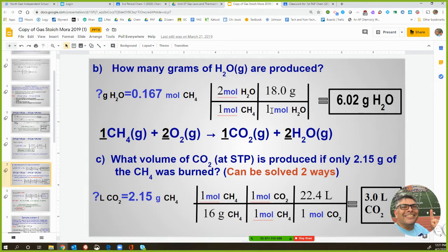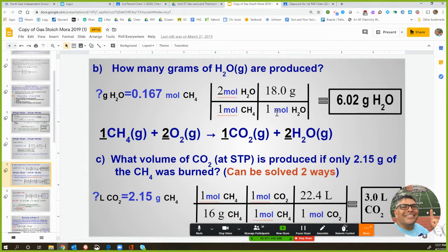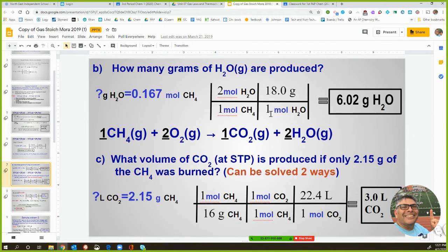And then once we get into moles of water in the mole ratio step, we're going to use the molar mass of water, which is 18 grams, and then we can get our final answer, which is 6.02 grams of water, which falls within a reasonable amount based on the balanced chemical equation.